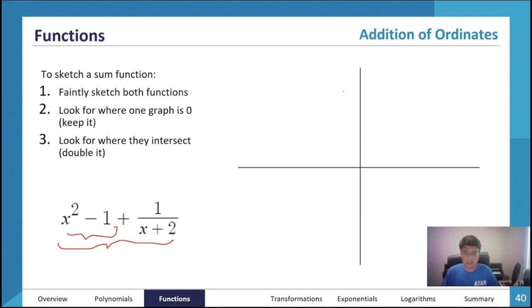So x squared plus 1 is going to look a little bit like a parabola, like that. There we go, that's x squared plus 1. We then have 1 over x plus 2. So remembering the formula for a hyperbola, that's going to be just the general case, 1 over x, but we're going to have a vertical asymptote at x equals negative 2.